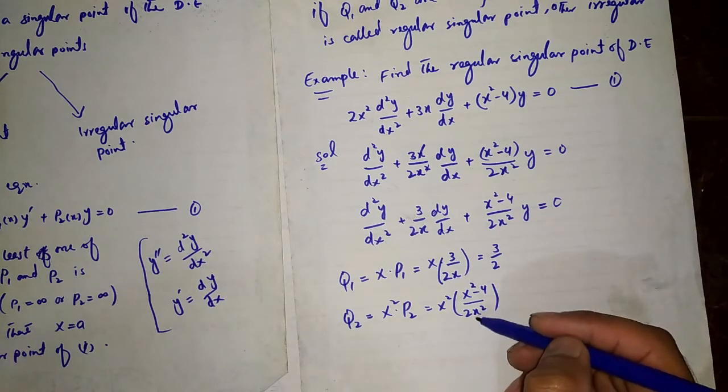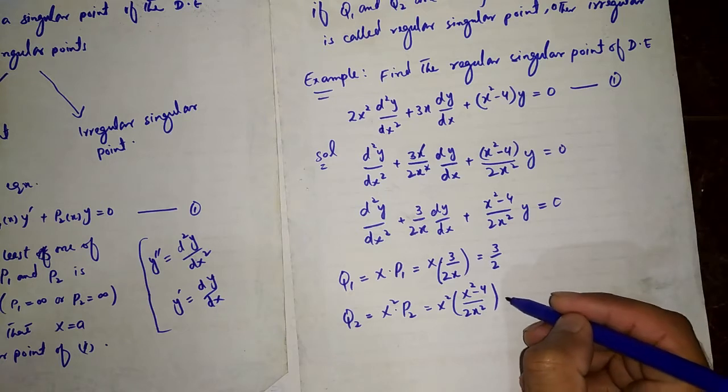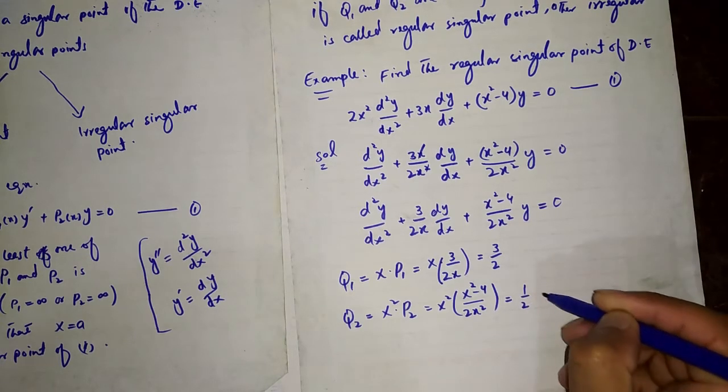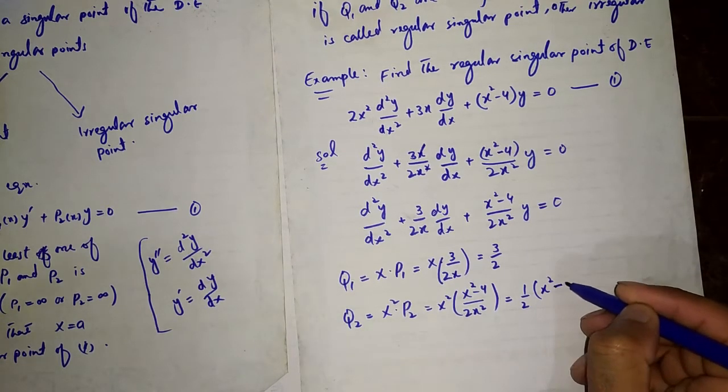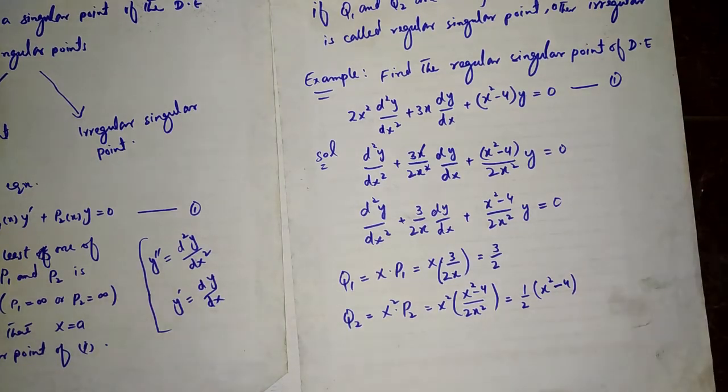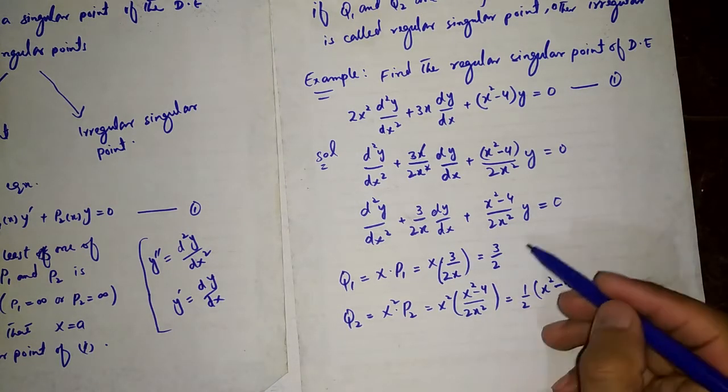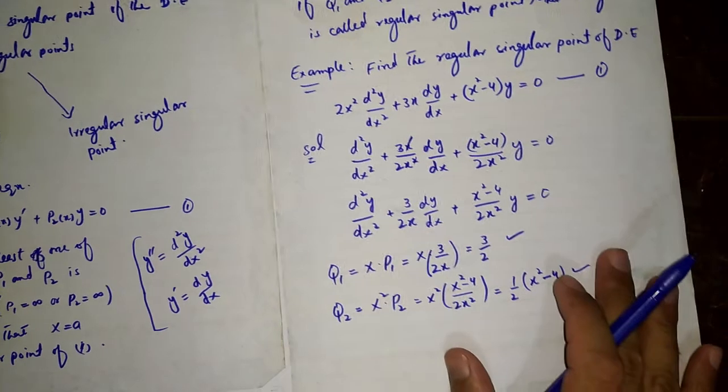Clear? So this x square will be cancelled with this x, and we will be left with 1 upon 2 into x square minus 4. So here is q1 and this is q2.